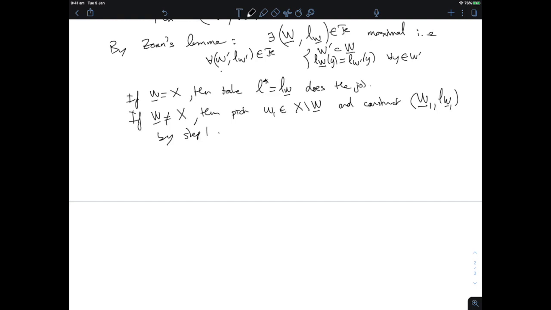And then what do we get? Well, we get that there exists an extension of W bar, LW bar. And so that gives that W bar, LW bar is not maximal.